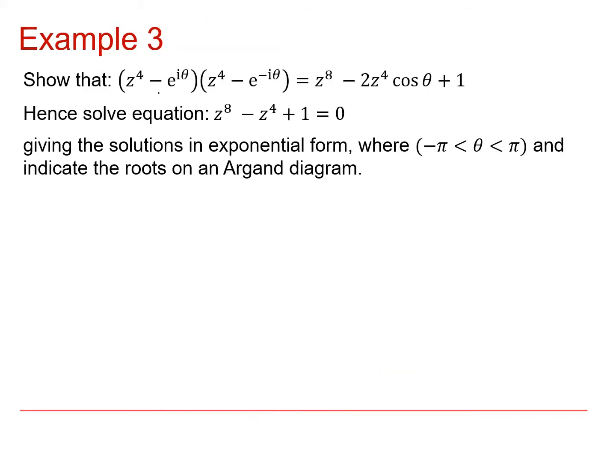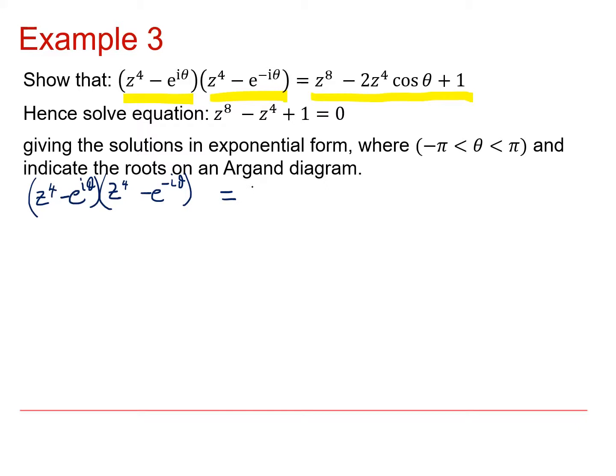So in this final example, we've got a pair of brackets here. We've got z to the 4 minus e to the i theta and z to the 4 minus e to the minus i theta. Notice the extra minus sign, and it's equal to this expression here. So start with the two pairs of brackets: z to the 4 minus e to the i theta times z to the 4 minus e to the minus i theta.